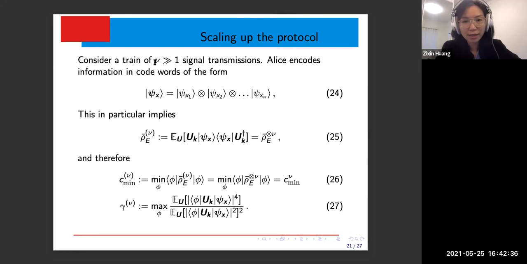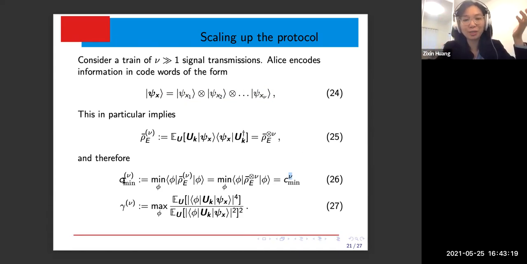So if we define nu as the number of signals that you end up transmitting, then the total state is given by a tensor product of all of these. Because this takes a tensor product structure, you end up with a very nice result, where all the quantities that we talked about before are simply given by, so there's a particular parameter C-min, which I didn't mention before, but this parameter ends up getting a factor nu.